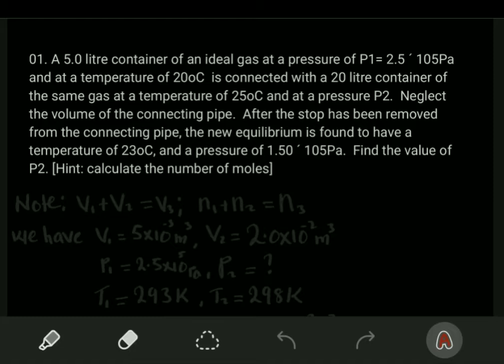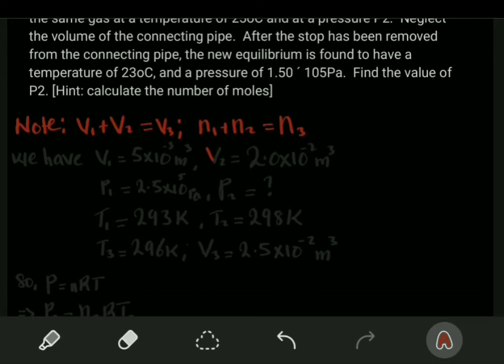We have N1 plus N2 giving us N3, the number of moles after the gases have reached equilibrium. So we have that V1 plus V2 gives us V3, and N1 plus N2 gives us N3.